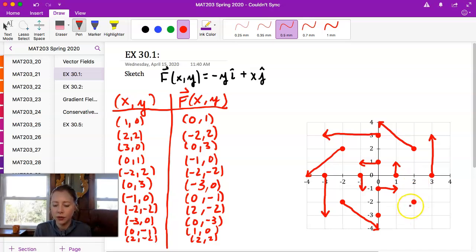From 2, -2, we're going to go over 2 and up 2 to 4, 0. All right, one more. 0, -3. That'll give us 3, 0 out. So if you do 0, -3, we're just going to go 3 to the right.